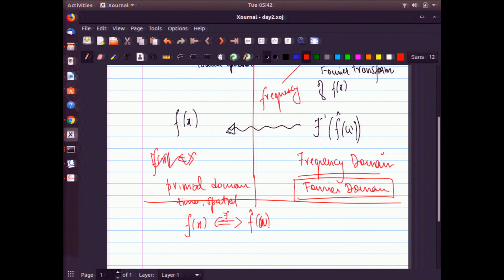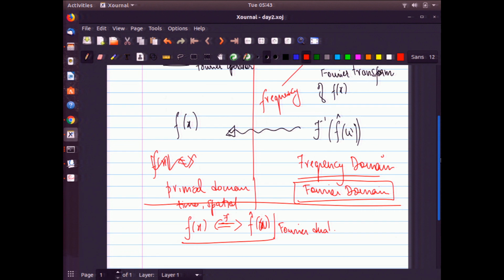From now on, I'm going to put hats on top of the functions so that it'll be easy to recognize the dual. Some people use uppercase and lowercase. I like the hat notation. So this is a Fourier dual or a pair. From now on, when I say Fourier transform of f, I mean f hat of omega. If I say Fourier dual, I mean there's f and there is its Fourier transform.